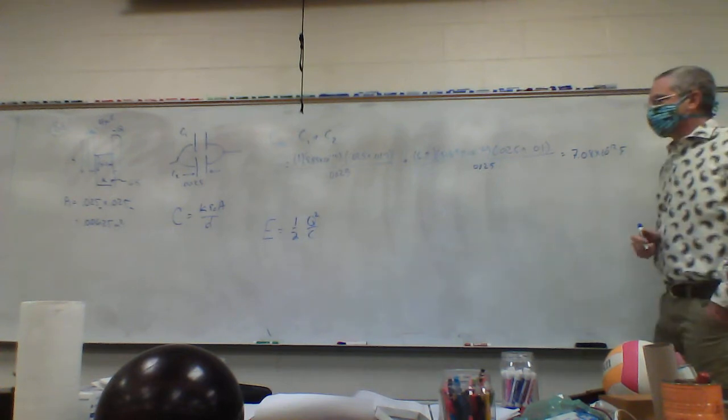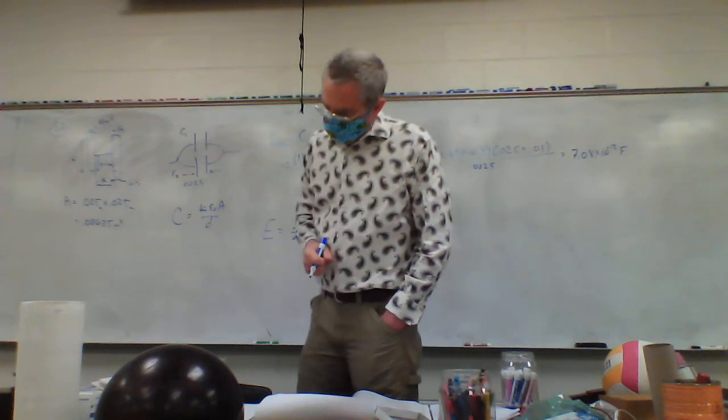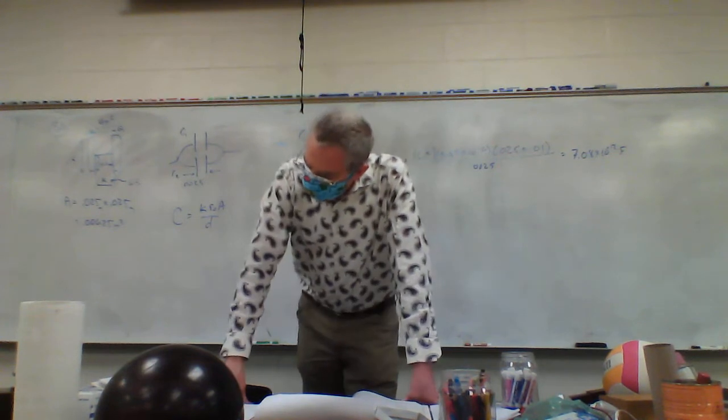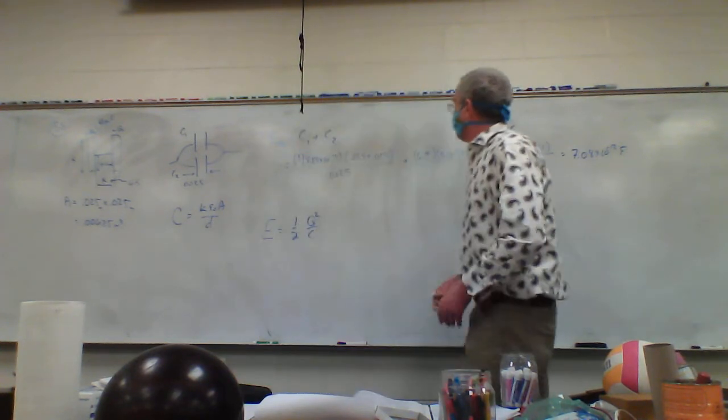Okay. I have a question. Yes. On the explanation, for the capacitor that had the dielectric constant, you had the area as 0.025 times 0.01, and then for the second capacitor, without the constant, you have 0.025 minus 0.01 for one of the sides. So in the solution? Yeah.